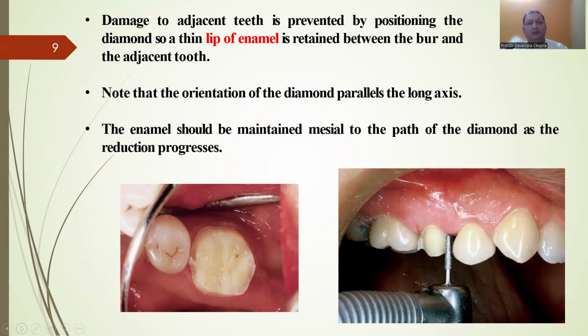Whenever you are starting your tooth preparation, please keep this in mind that while you are breaking the adjacent contact area, you should leave the lip of the enamel. And finally, when you are contouring it, you can easily break the lip of the enamel with a 0.2 millimeter contact breaking bar. Okay, next slide.